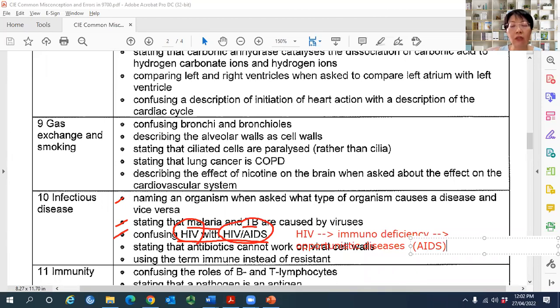AIDS is not necessarily infectious. It depends. If it's caused by a pathogen like TB, yes. But can you tell me skin cancer is transmissible, because of AIDS? No, right? So you cannot say AIDS is transmissible, is infectious. Some of them yes, some of them no.